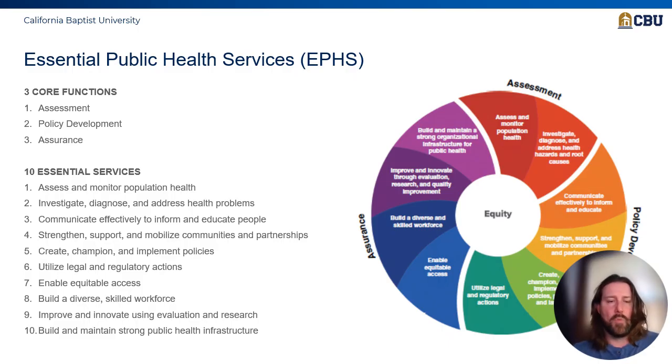We need to build and maintain strong public health infrastructure. And this is one of the great, I guess, silver lining aspects of COVID. As bad as it was, it really drew attention to the deficiencies in the public health system.